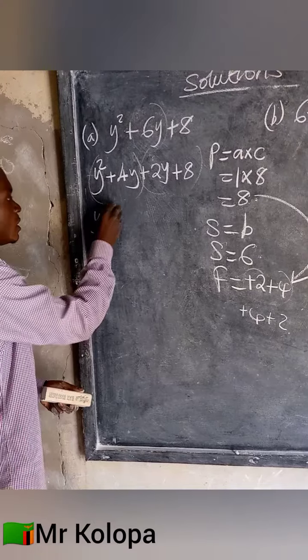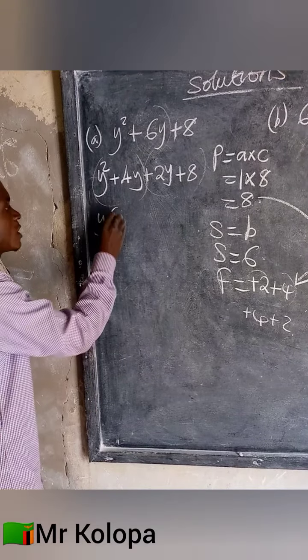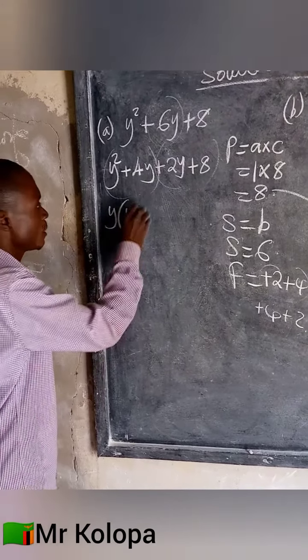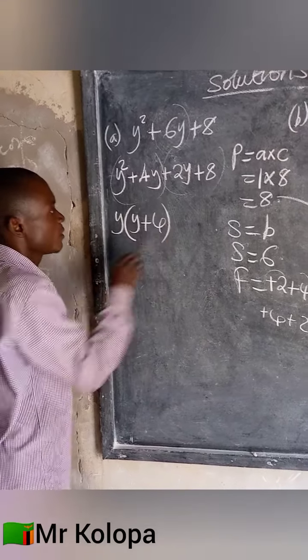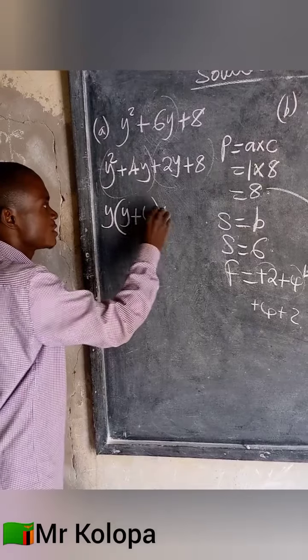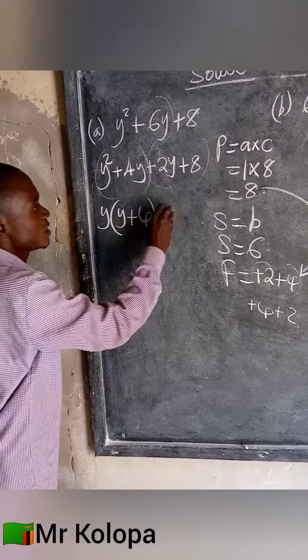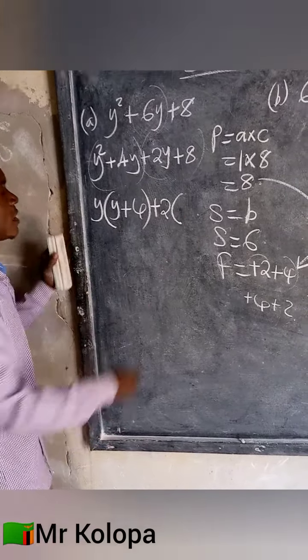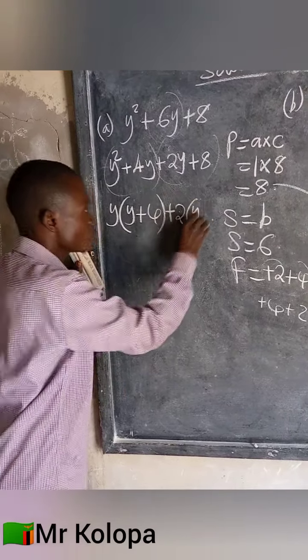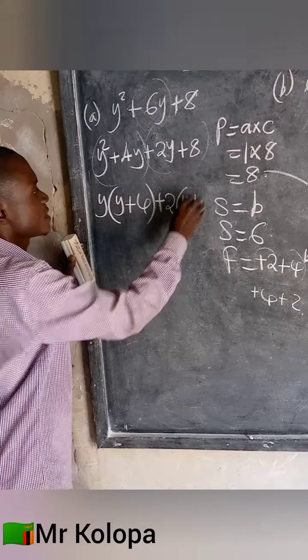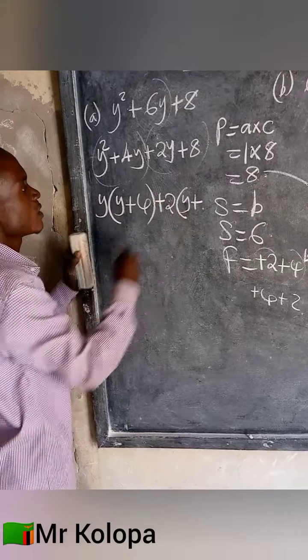Out of these two, open brackets, we will remain with y plus 4. Then the sign there is positive. Then what is common? It's 2. Open brackets, 2 into y is 2y, you remain with 1y, so just write y plus 2. Into that, you get what?